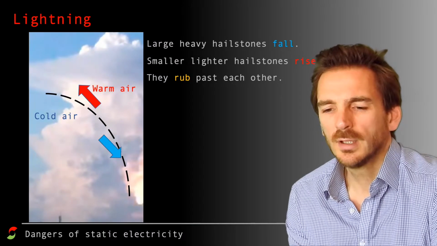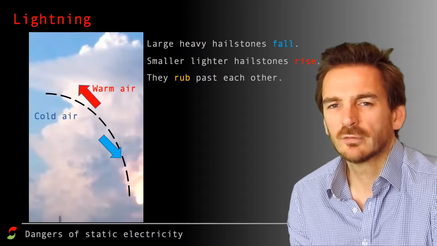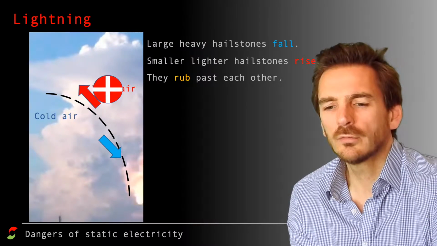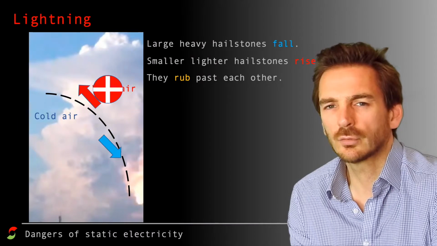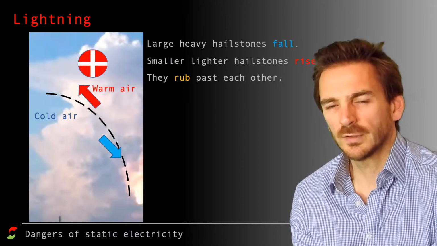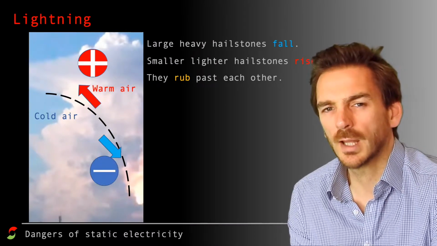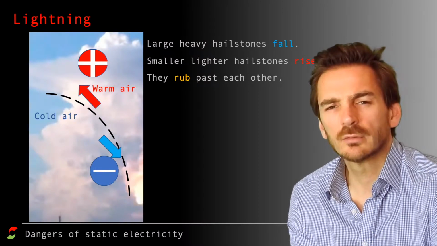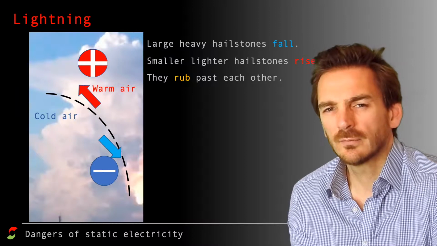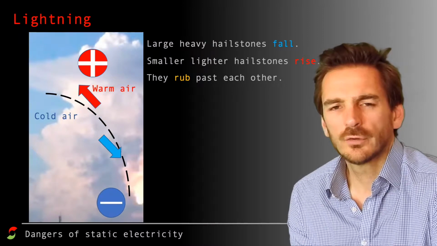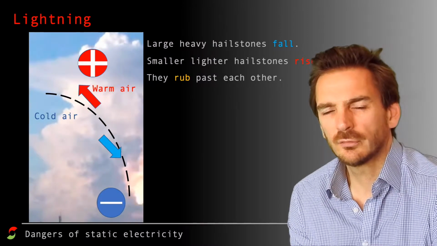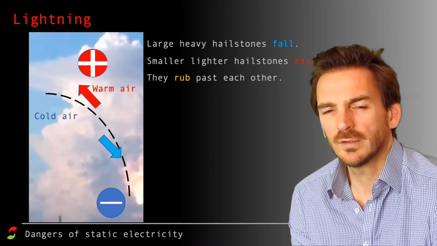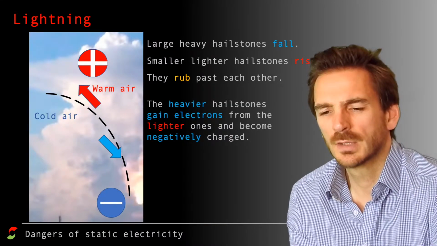This rubbing, this friction, generates static electricity, and the ones that are moving upwards, the lighter, squishier ones, become positively charged, and they rise to the top of the cloud. And the heavier ones, well, they're gaining electrons, so they become negatively charged, and they fall to the bottom of the cloud. So you get this distribution of charge because of these different sized hailstones.